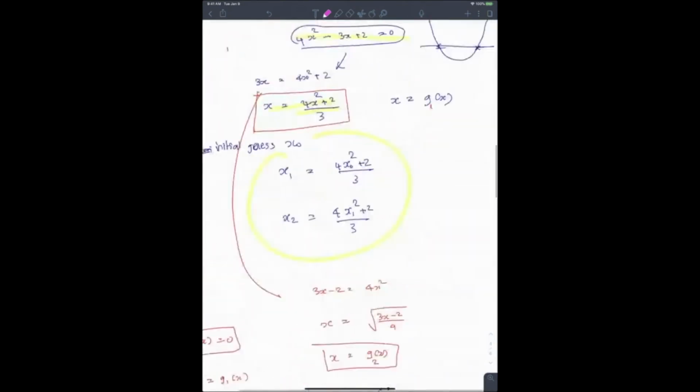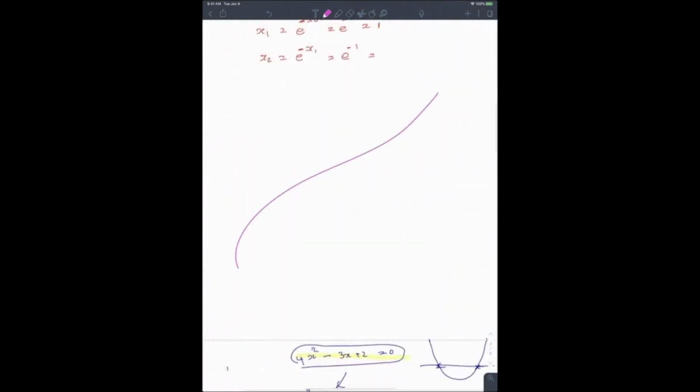If I have a function like this, in every point, if this is x and this is y, you can roughly tell the gradient, because we know that the gradient of 45 degrees is 1. Tan 45 is 1.